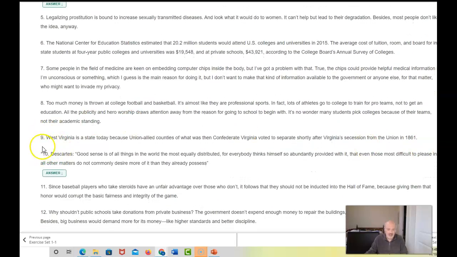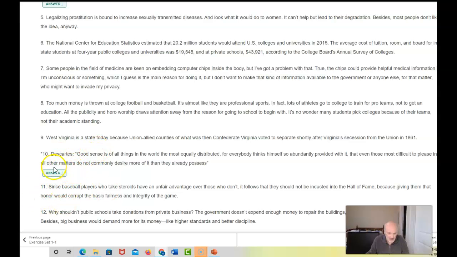Another classic case of an explanation, so non-argument, is number 9. West Virginia is a state because Union Allied counties, what was then Confederate Virginia, voted to separate shortly after Virginia's secession. So again, just explaining something, even though there is a because here, it is the because of explanation.